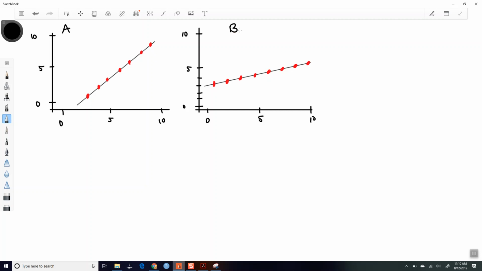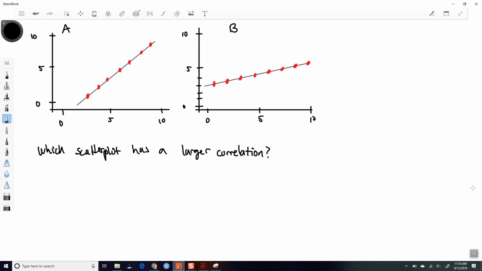What's your answer? Anybody willing to answer this one? Which scatter plot has a greater correlation? Okay, answer? Yeah. Is it the same?